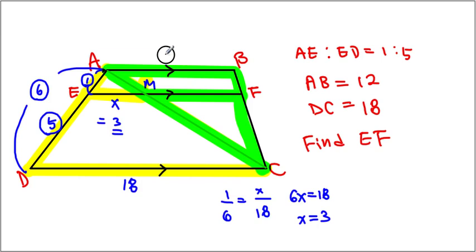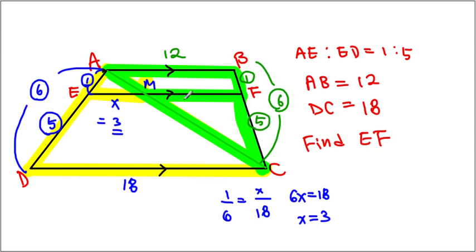Since this side is equal to 12, let's look at it. Since the bottom portion is 5, while the upper portion is 1, the ratio CF to FB would be still 5 here, and 1 here, which means the entire thing will be equal to 6. So in fact, between small triangle to the big triangle on the right side, the ratio becomes 5 to 6.